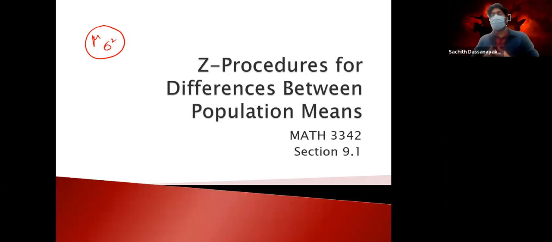Or for the hypothesis test, we used mu. And last chapter we used population proportion. So we discussed these things only for one sample or one population.